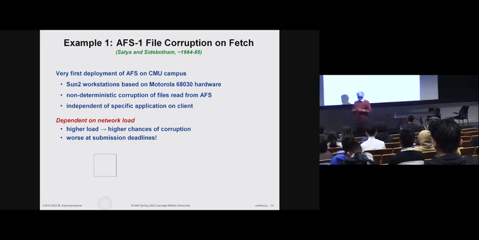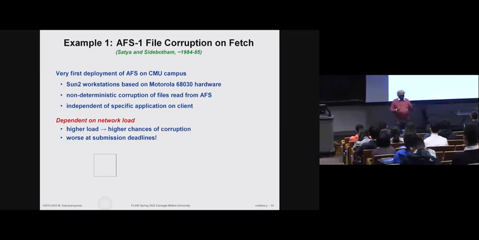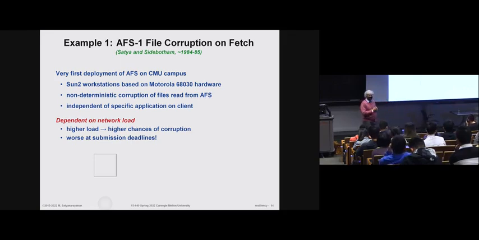We spent a lot of time trying to figure out what was going on. Nobody could figure this out. It was definitely true. The only correlation we could find was somehow it was dependent on network load. Before deadlines, remember Murphy? Murphy was at work.